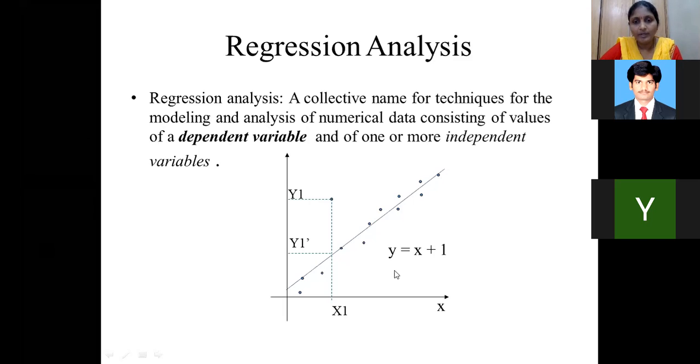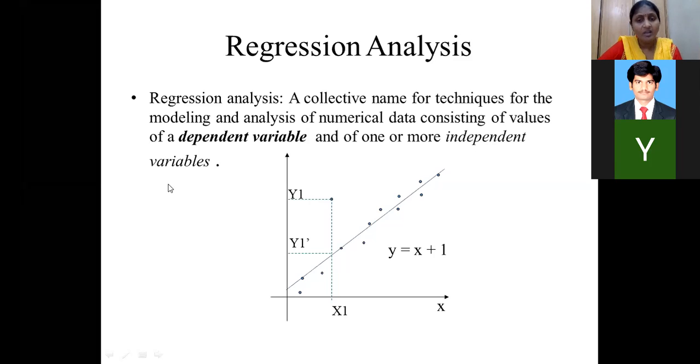We are going to find the values of these response variables. If there is one dependent variable and one independent variable, it is called linear regression. It is used for modeling and analysis of numerical data consisting of dependent variables and one or more independent variables. We can perform the analysis if it contains more than one independent variable.